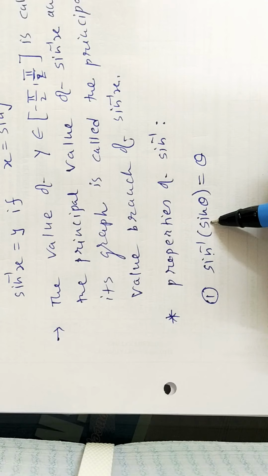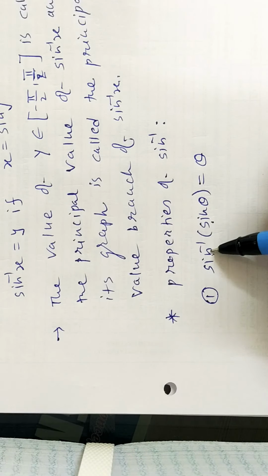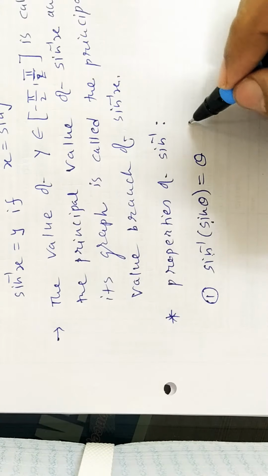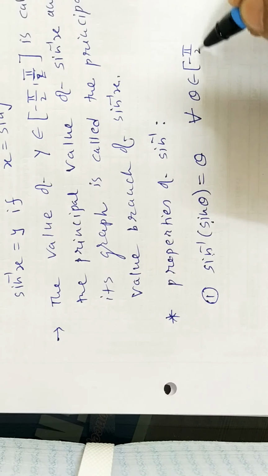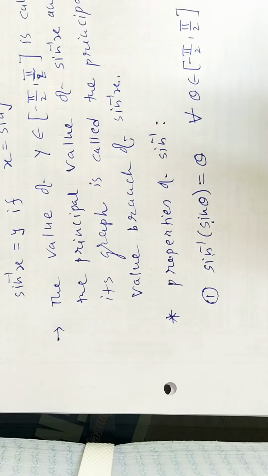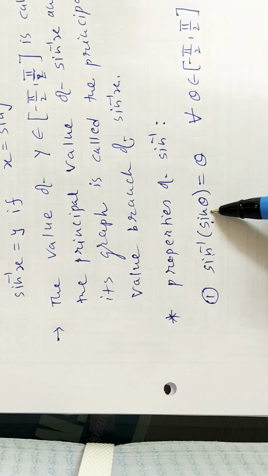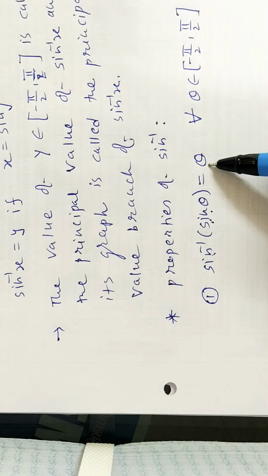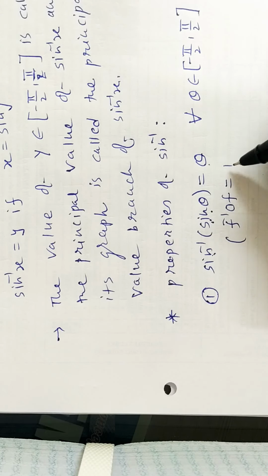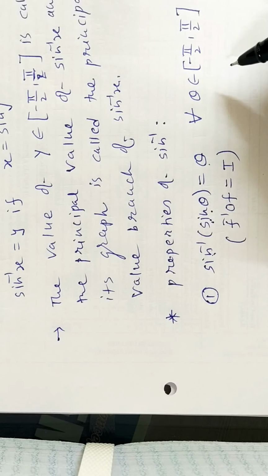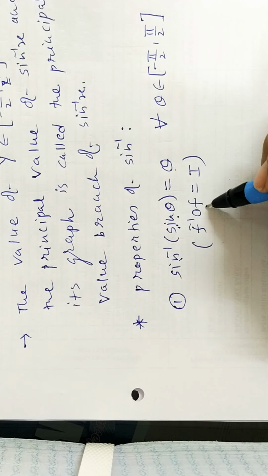So it is the composition of sine function and sine inverse, equal to theta if theta belongs to minus pi by 2 to plus pi by 2, otherwise not. We know that f inverse of f is equal to the identity function I. This is the composition of a function and its inverse function.